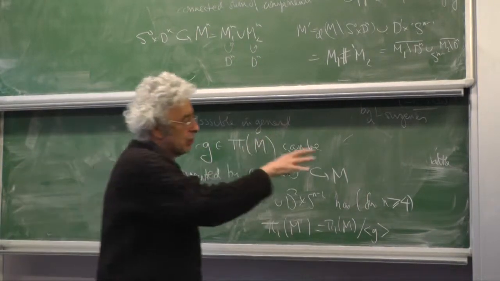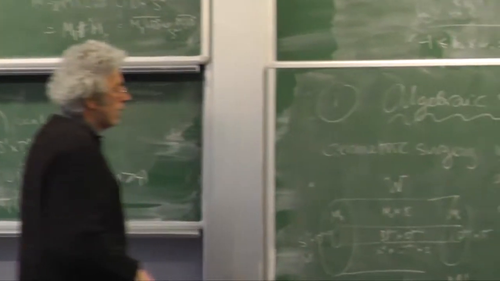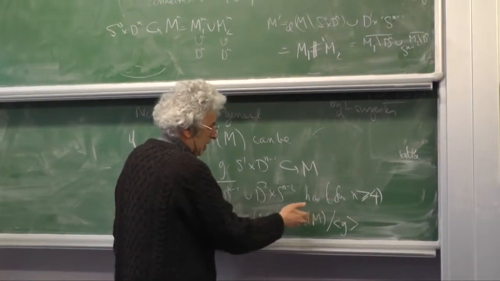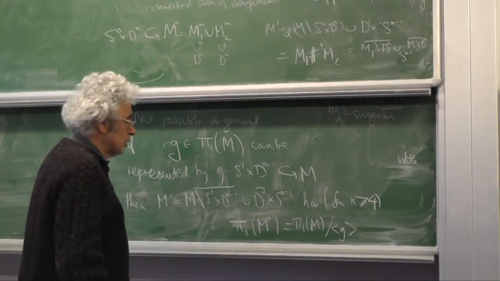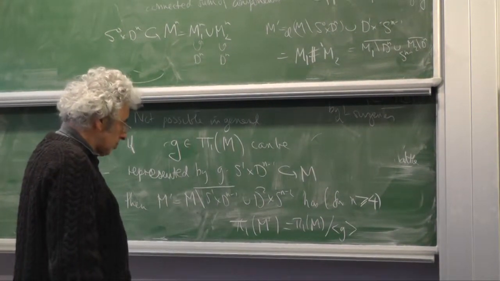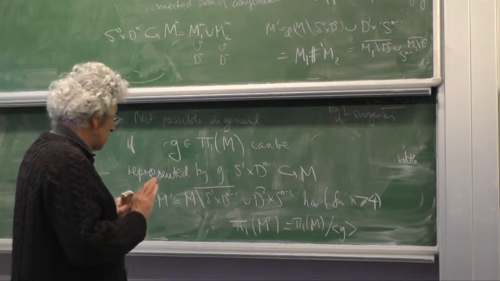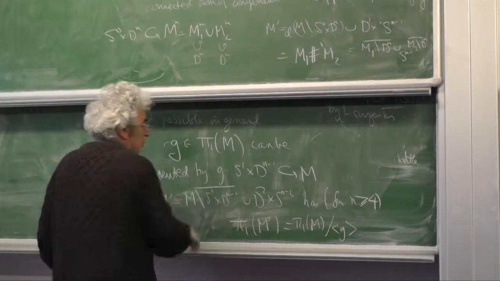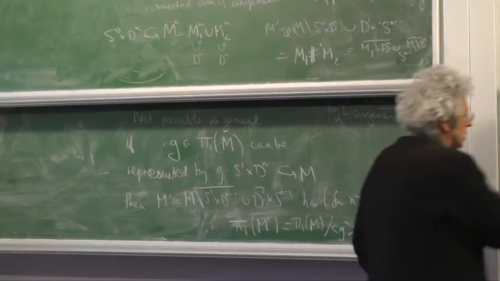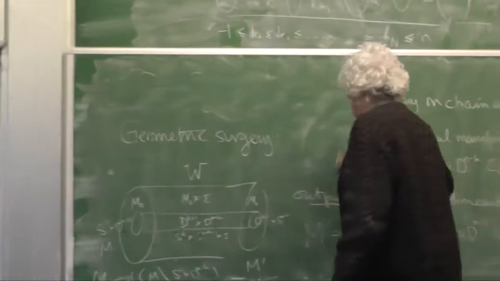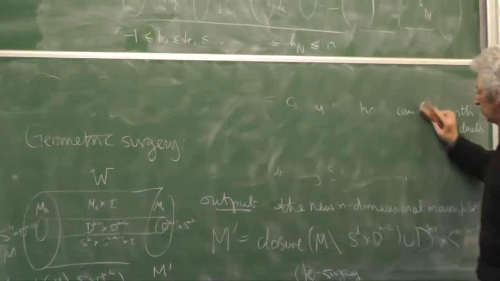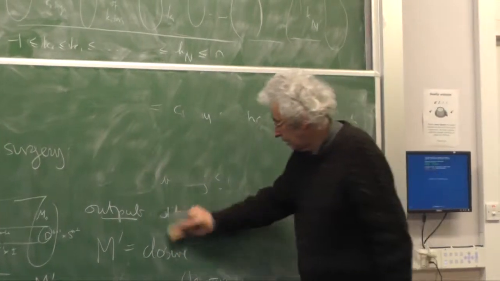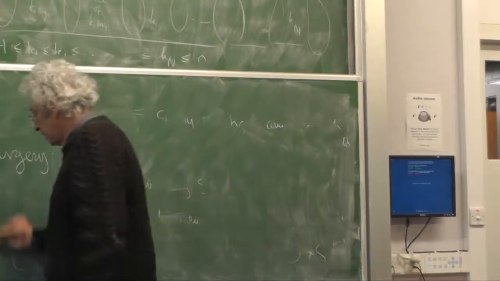And one of the things that algebraic surgery is good for is calculating the algebraic effect, well, not so much for the fundamental group, so that can be done, but for the higher homology, higher homotopy groups. And let's see an example where it's not possible in general, where you cannot do this. And this example is just as real, so to speak. It already lives on the chain level, let alone on the manifold level. It's a very simple example.